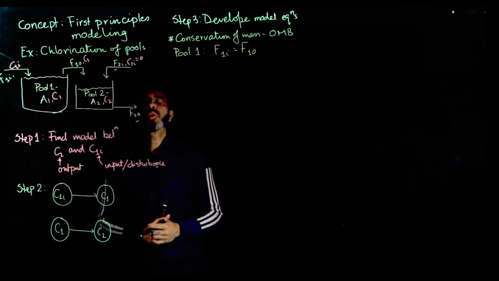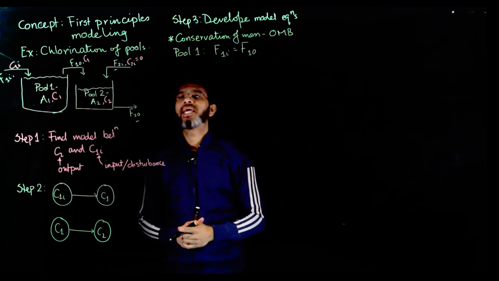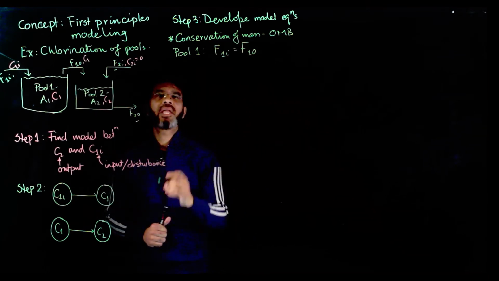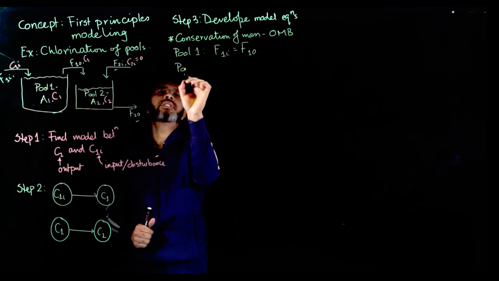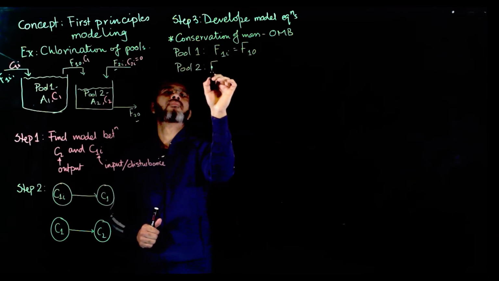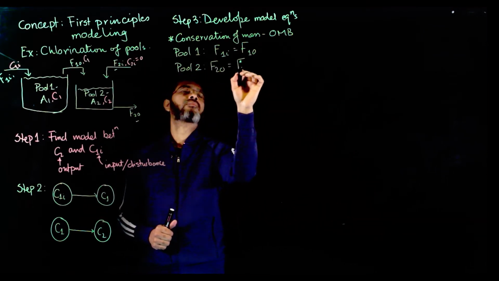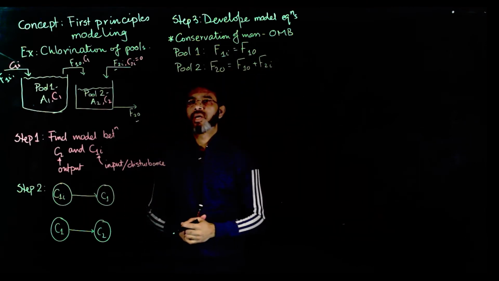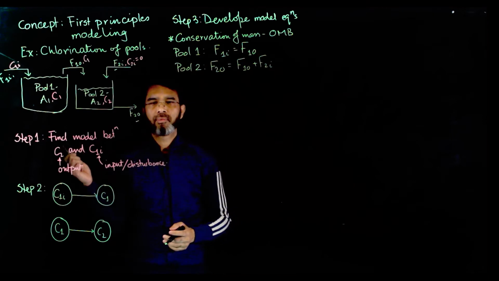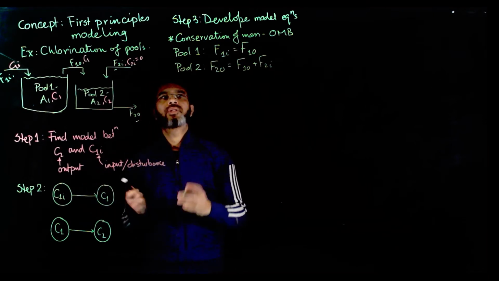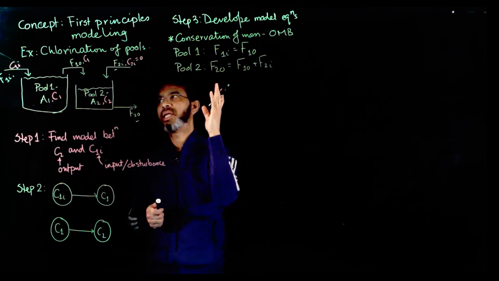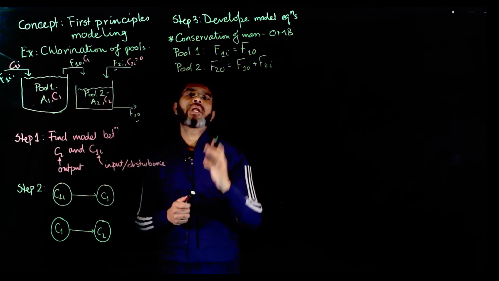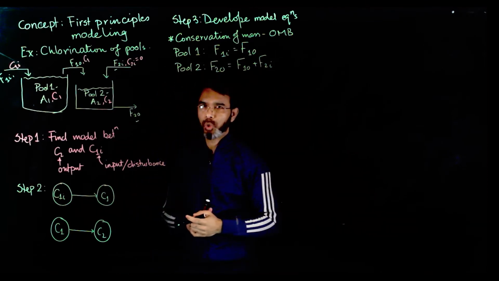Now for pool 2, you see that there is no change in F1I and F1O. So in this case, there will be no change in the level as well. So if you write down the equation, it will be simply, so we are assuming there is no change in the flow rates. So that leads us to this equation. If there is a change in F1I, that would lead us to an accumulation term for pool 2.